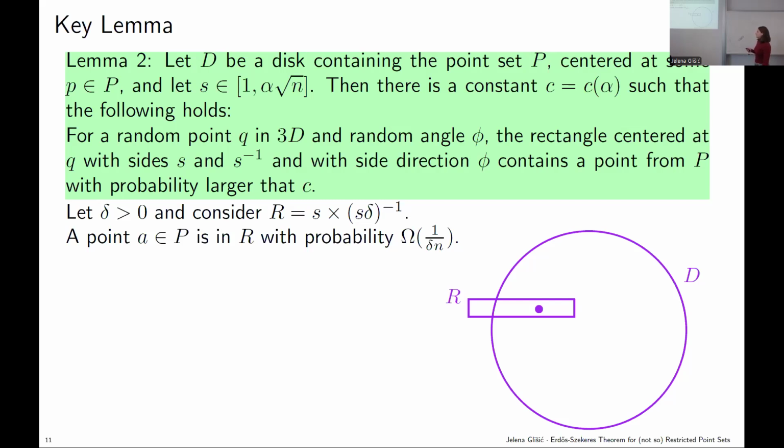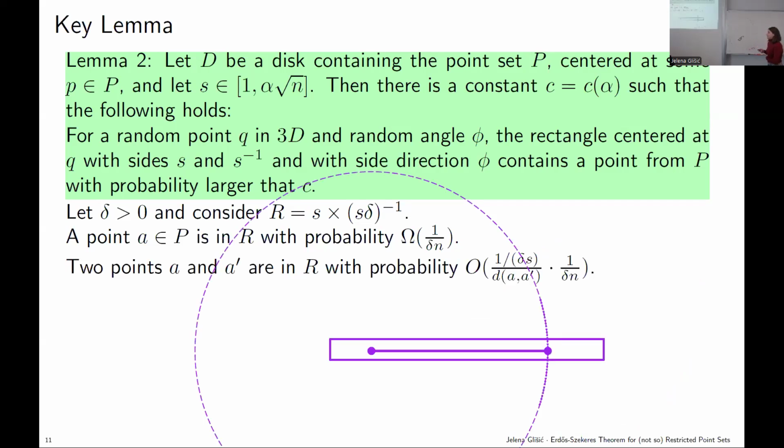And my point needs to be in the intersection of this rectangle and my disk, and the disk has area roughly n, because the radius is roughly square root of n, and this I can use to approximate the probability that I have 1 point. Then, what is the probability that I have 2 points?